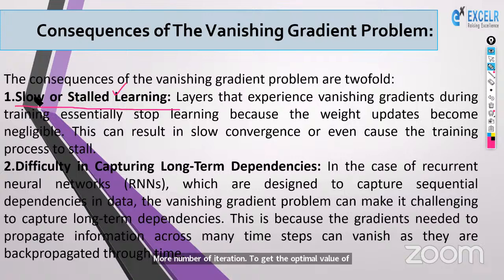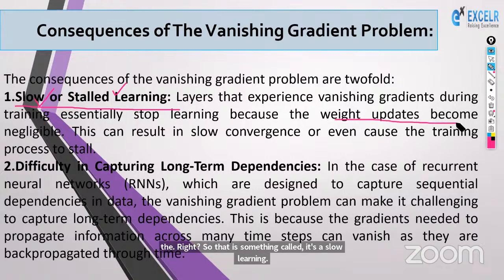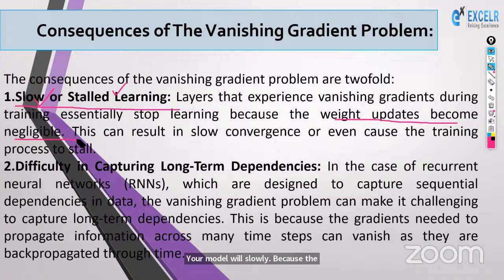So that is something called slow learning. Your model will slowly learn because the weight updates become negligible. Second thing, difficulty in capturing long-term dependencies, right? Generally RNNs are designed to capture the sequential dependencies in the data. If you recall, RNN replicates the frontal lobe of the mind, which is the short-term memory.